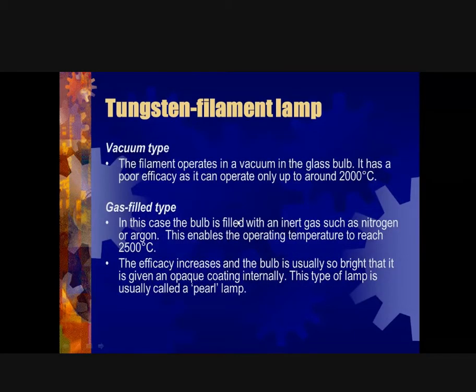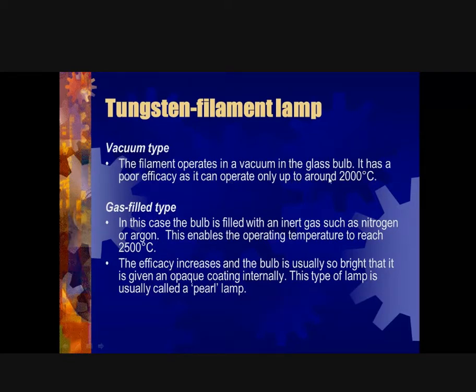All right, we have our different types. We have our vacuum type filament lamp. The filament operates in a vacuum in a glass tube, right? It has a poor efficacy, meaning that the efficiency of the lamp is very poor. And that is why they encourage you to change from this type of filament lamp to your LED lamps or your compact fluorescent lamps, right?